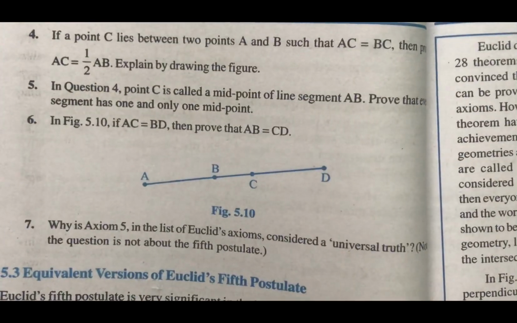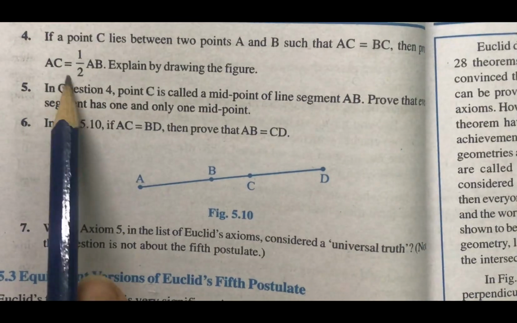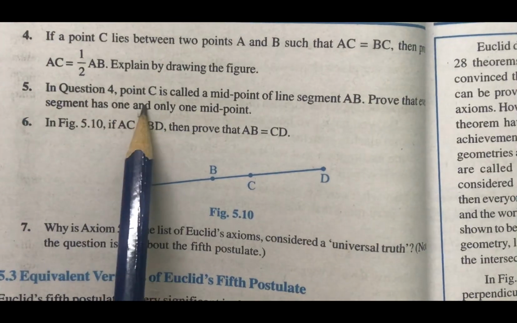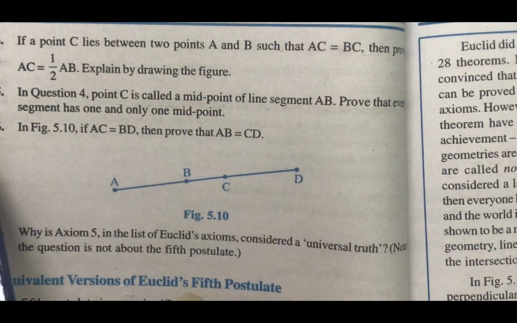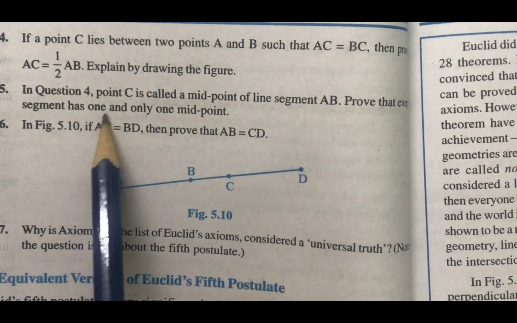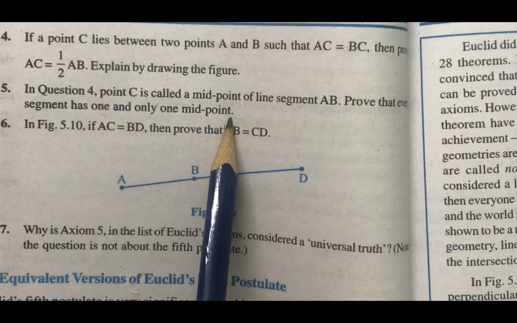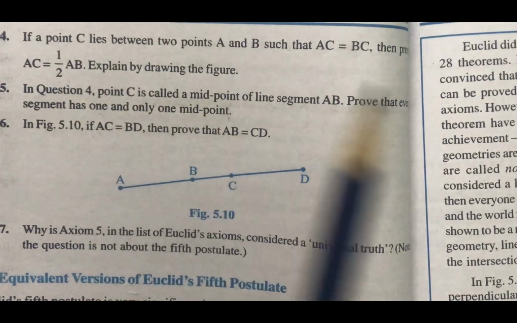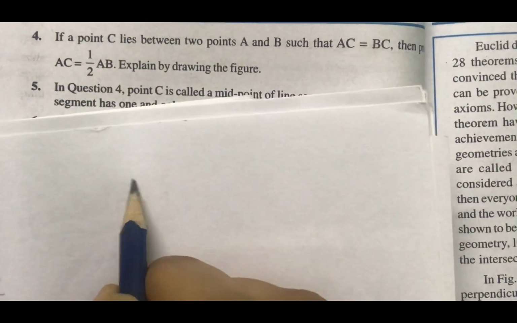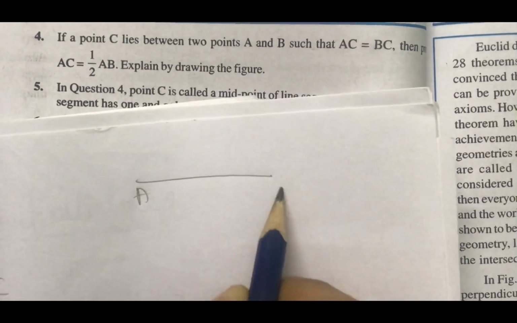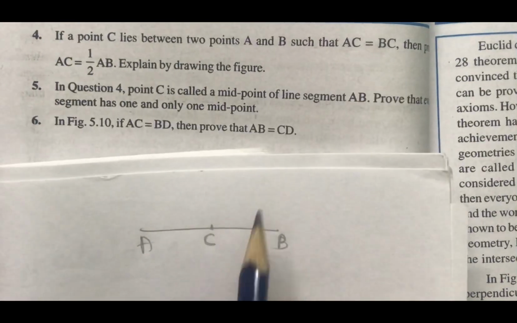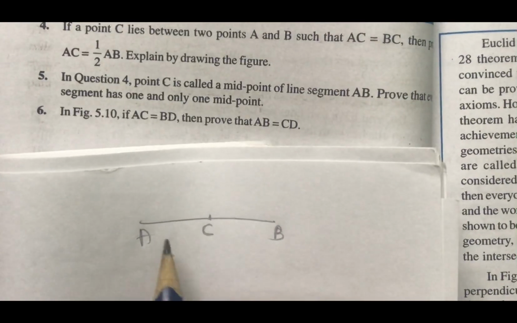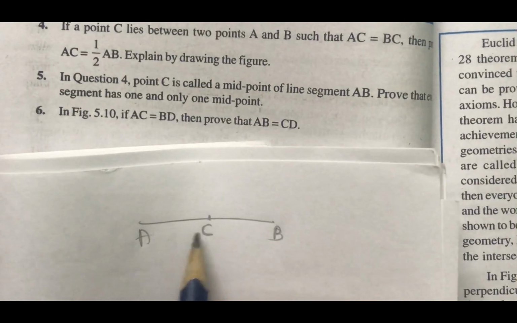Now we move on to question number 5. In question 4, point C is called the midpoint of a line segment AB. Prove that every line segment has only one midpoint. In question number 4, we have seen that AB had a midpoint C, and we have to prove it has only one midpoint.